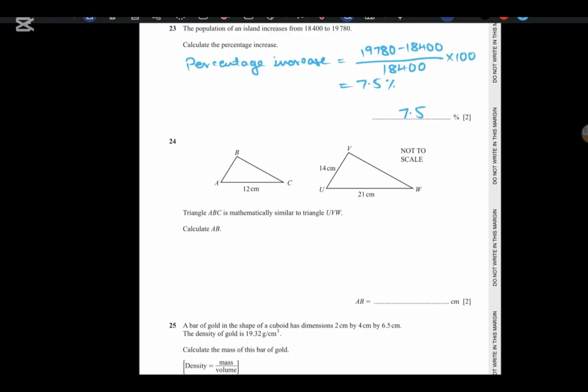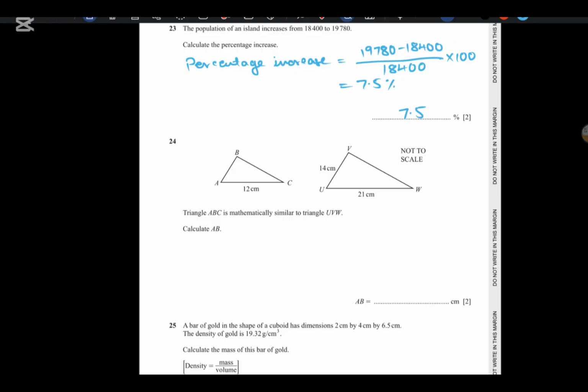24 now. Triangle ABC is mathematically similar to triangle UVW. Calculate AB. We need to calculate this side. So whenever the two triangles are similar, their corresponding sides are in the same ratio. So the given sides are AC and UW.